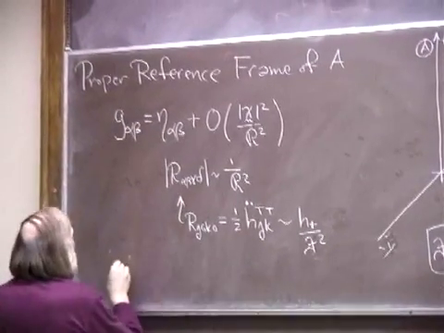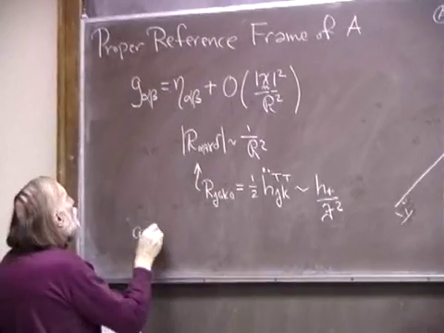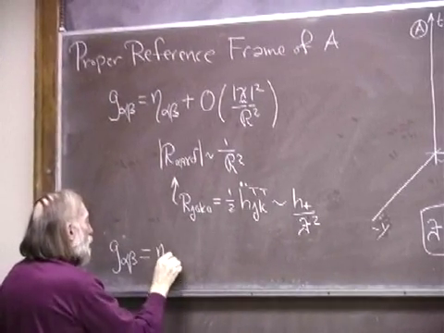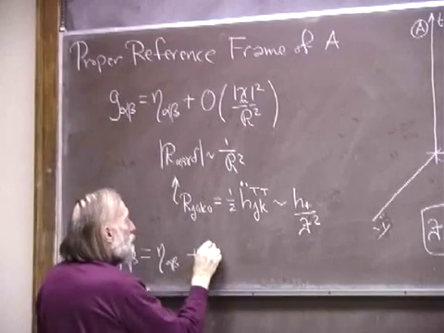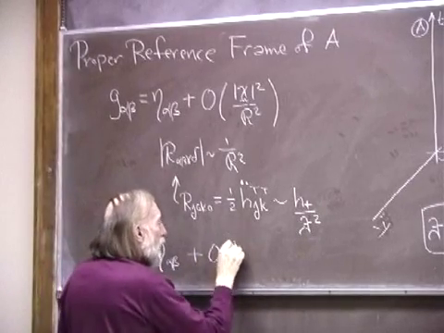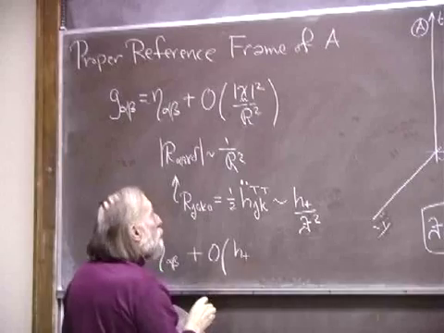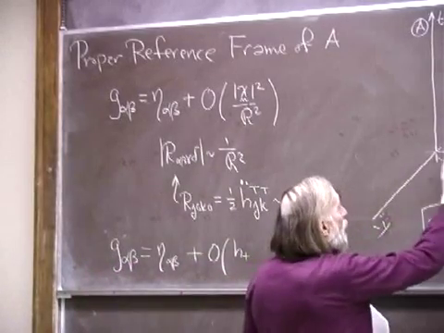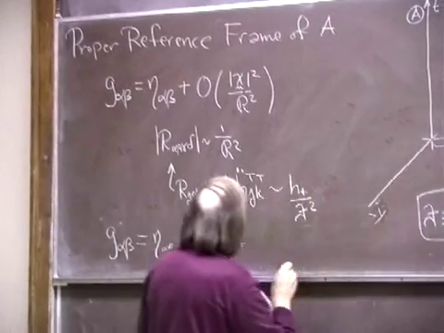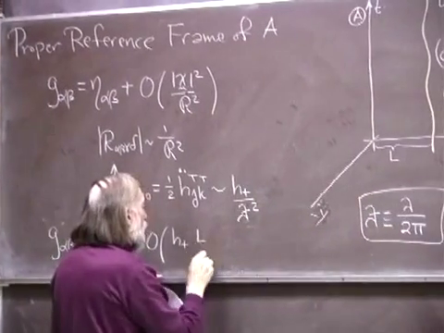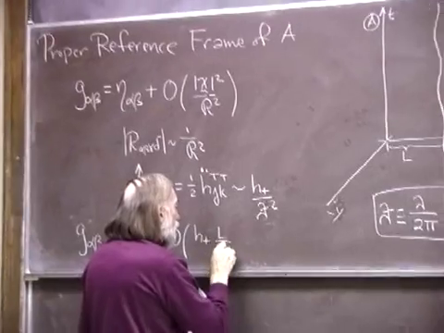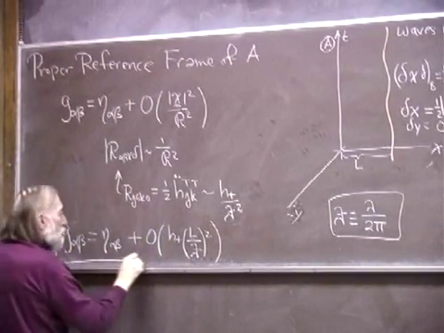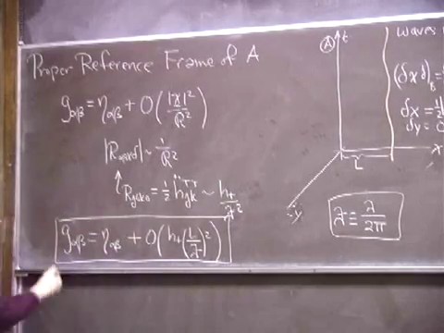So what that says is that in this proper reference frame of particle A, the metric is the flat metric plus things that are of order the gravitational wave field H plus times spatial distance from the origin, and I'm interested in the separation between these two particles, so that spatial distance is L, divided by lambda bar squared. So that's the form of the metric.